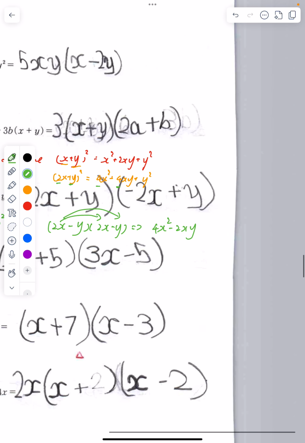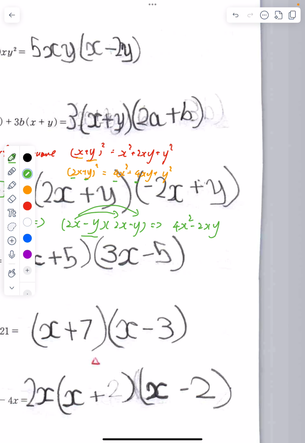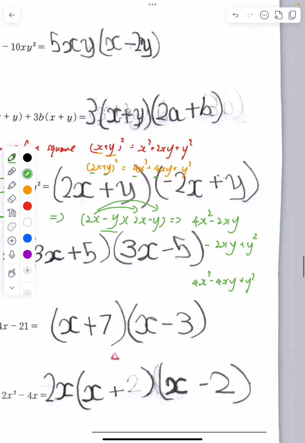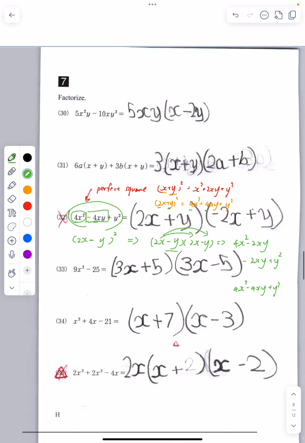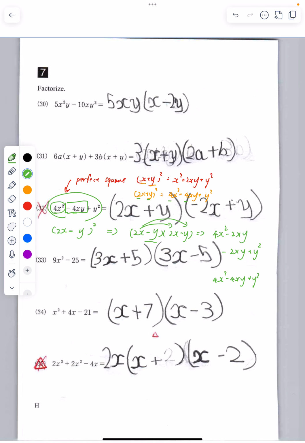And you do the same thing again: negative y times 2x, which is negative 2xy again, plus y squared. So then you will have 4x squared minus 4xy plus y squared. And guess what? That's exactly what I have over here, right? So when we factorize it, we can always change it back, and it always works interchangeably, okay? So that's basically this question.